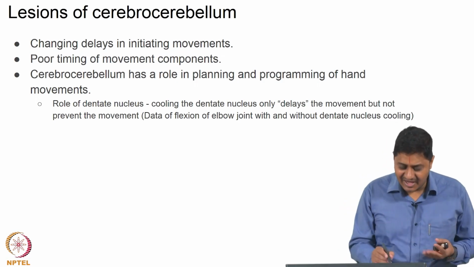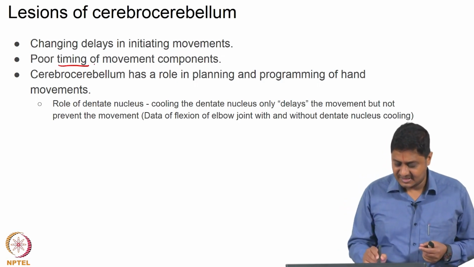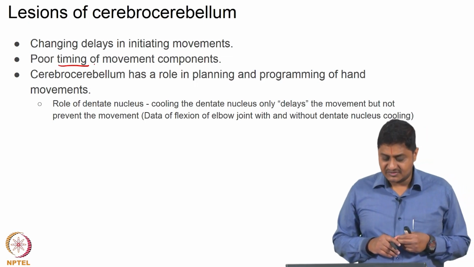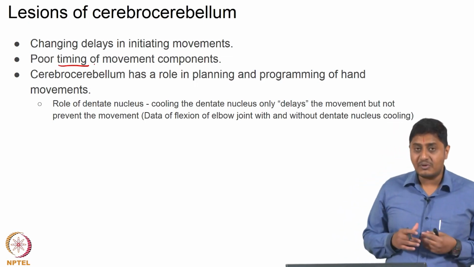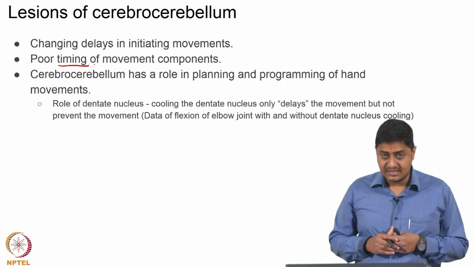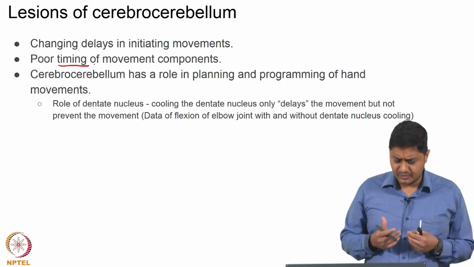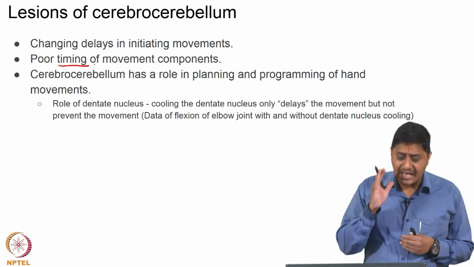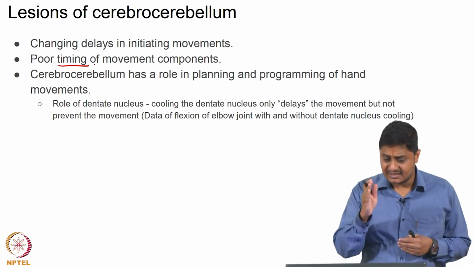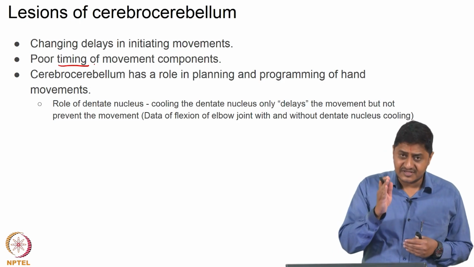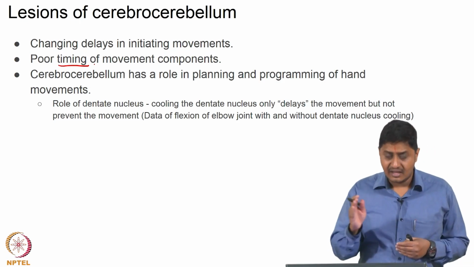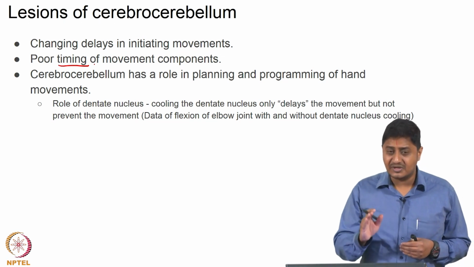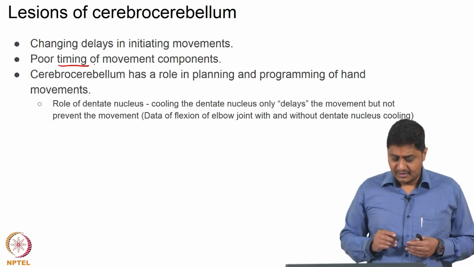So, our timing of components is compromised. This gives rise to the idea that probably cerebellum plays an important role in coordinating or timing the movement. So, if compromise of this area causes a delay and compromise of this area causes poor timing or poor temporal sequencing, right.